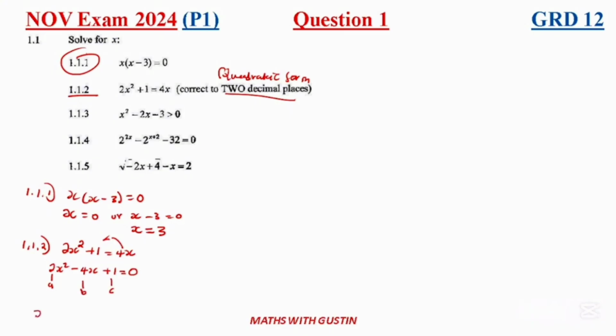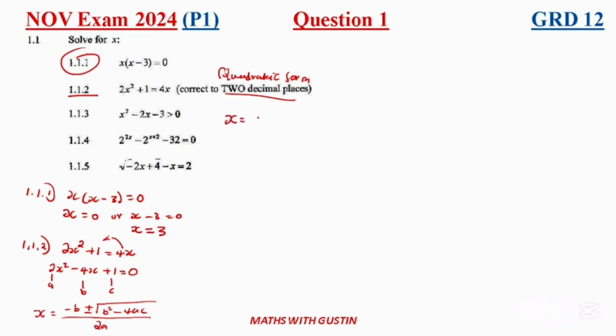So therefore our formula says that x is equal to minus b plus or minus square root of b squared minus 4ac all over 2a. So therefore we need to substitute these numbers into this equation.